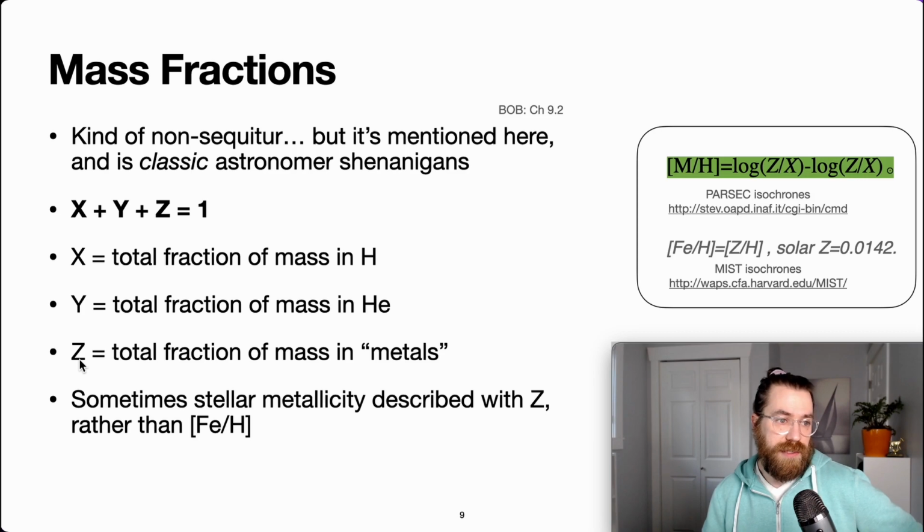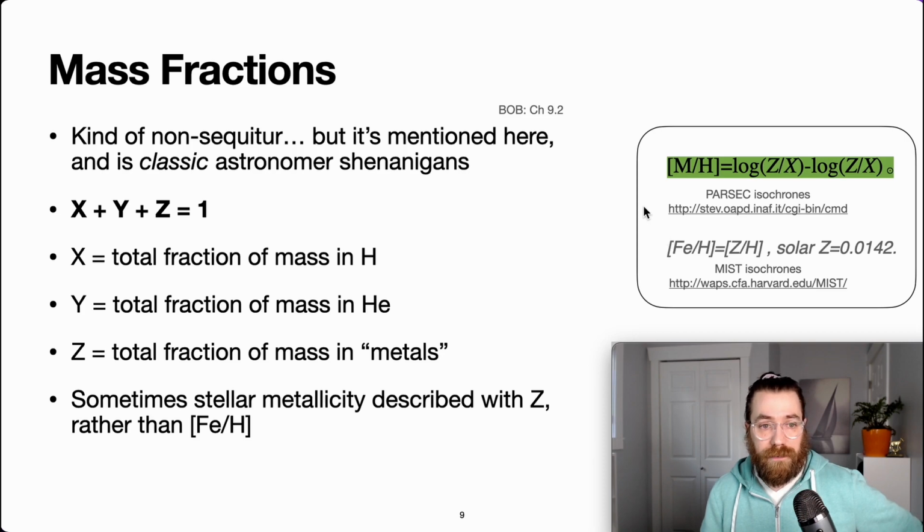So I guess it's literally Z over X. I don't know. This Z over H does not quite make sense because Z is the total fraction of metals. I'm not sure the units here are exactly sensible. But they define some solar Z, which is something like 1%.